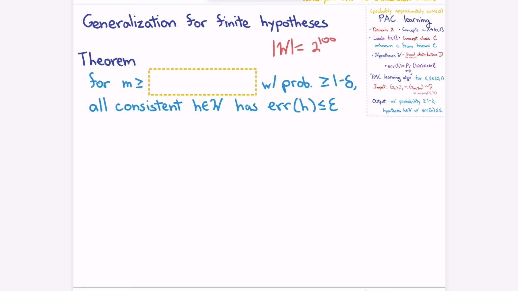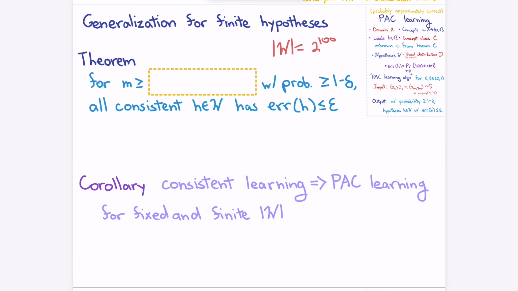In fact, I think that's down here. So any case where you had consistent learning, like we did with the rectangles, implies PAC learning for some fixed and finite H. Okay, anyone want to guess what this should be?